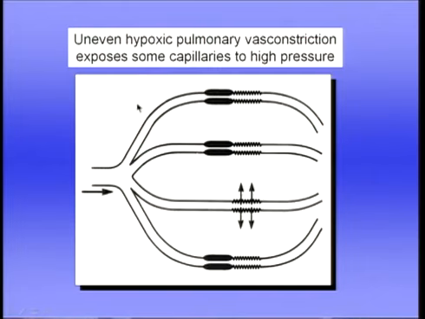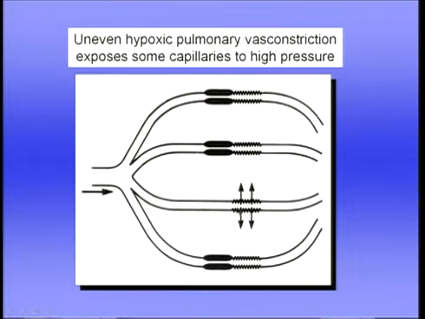Now, the reason for that probably is that in the adult, the distribution of vascular smooth muscle is patchy, uneven, because it undergoes involution after birth, and it's patchy in the adult.